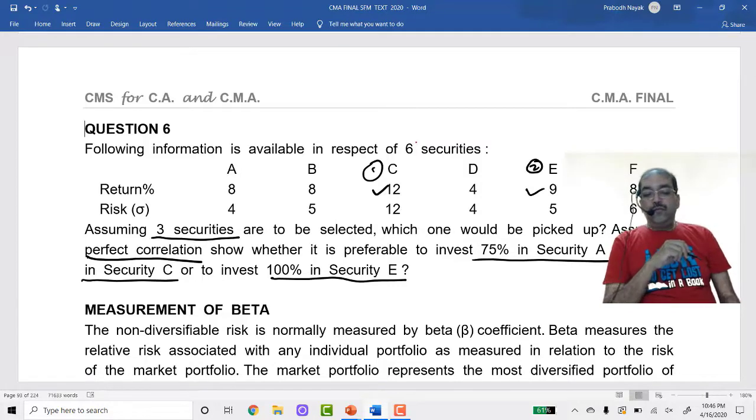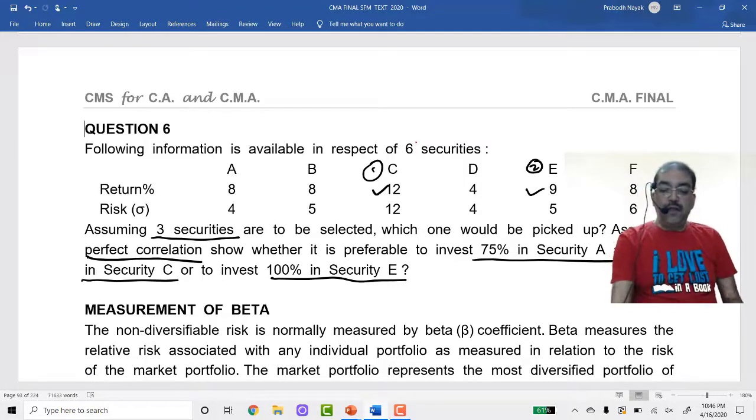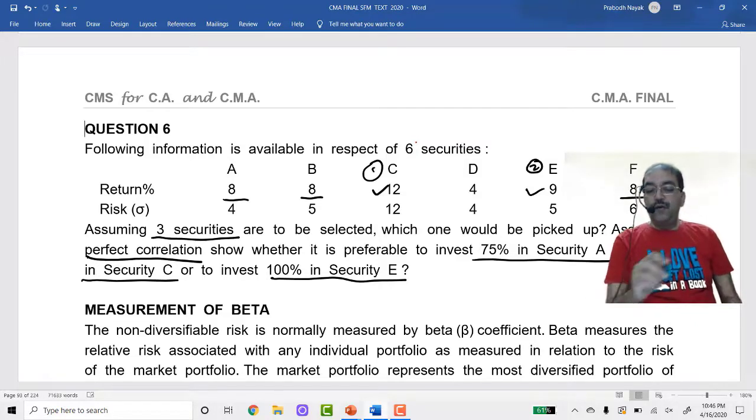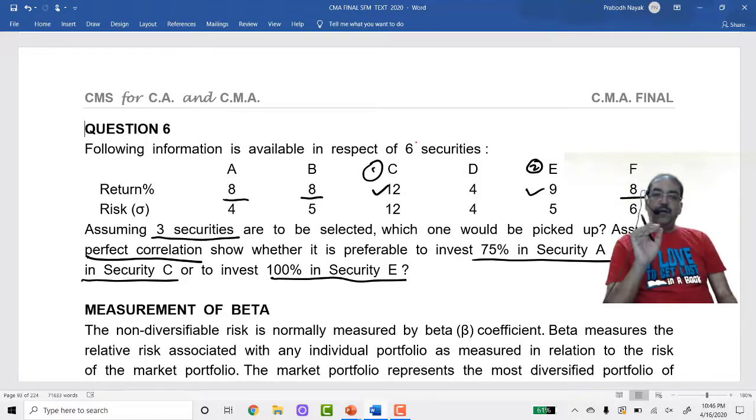Now, third security, there are 3 investments A, B, and F, all giving same returns. When such a situation arises, that all the securities are giving same returns, I will check the risk. That security which gives minimum risk for the same returns will be selected.